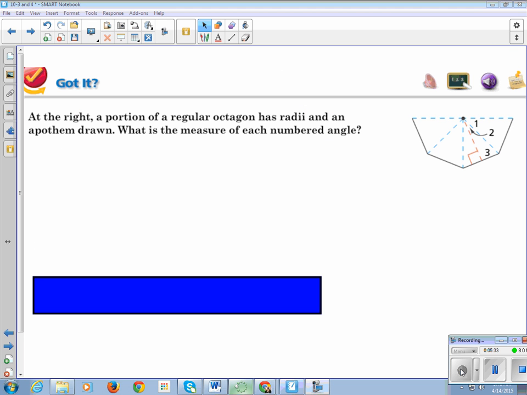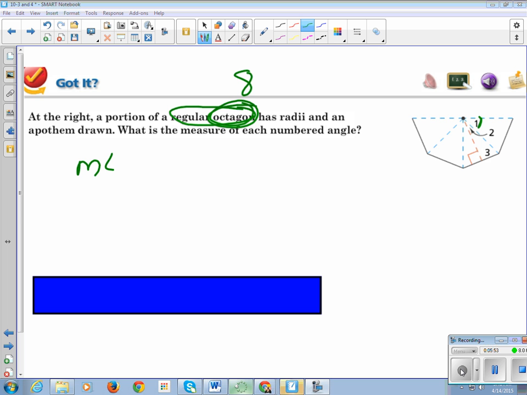So we're going to make sure we got it by doing the same thing with a regular octagon. If I am an octagon, I have 8 sides, like an octopus. The first thing I want to do is find angle 1. So I'm going to take 360 and divide it by 8.